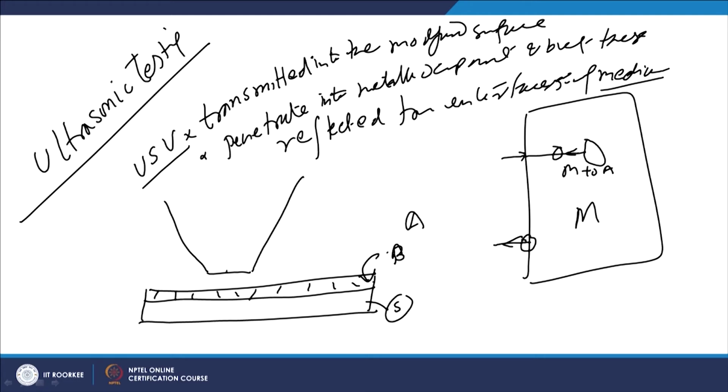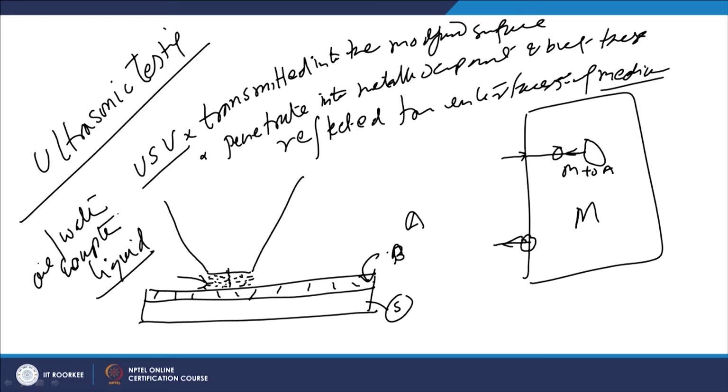Then when the vibrations are applied, these are applied onto the modified component through the use of a suitable liquid, so that there is minimum loss of these vibrations and these get easily transferred to the component. The vibrations are transmitted through the liquid, which is mostly oil or water. This is called coupler. It helps to connect the probe with the surface of the component or the modified surface.